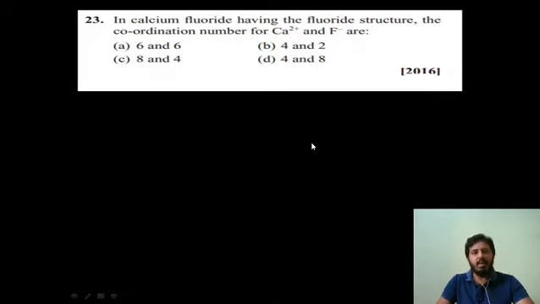Question number 23. In calcium fluoride having the fluorite structure, the coordination numbers for Ca2 plus and F minus are.